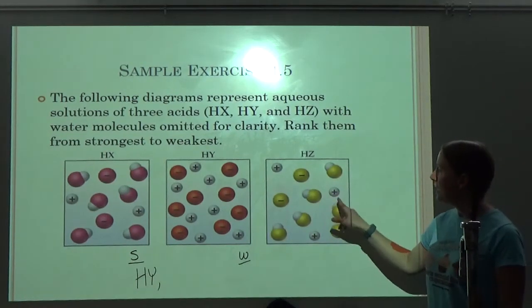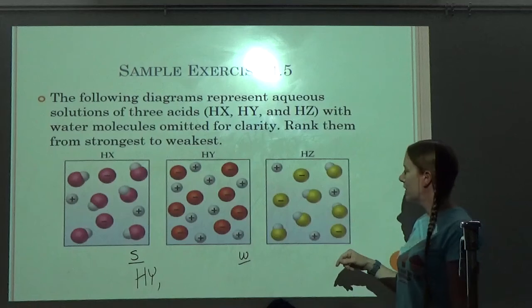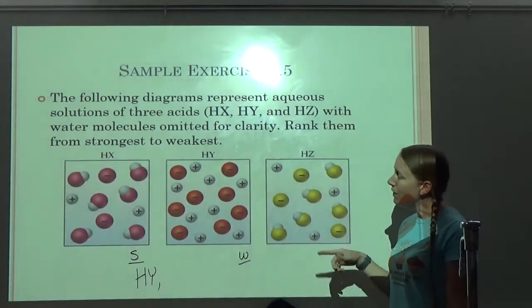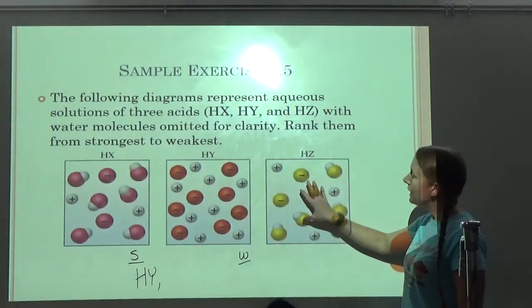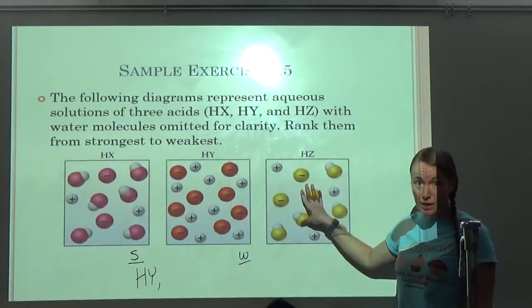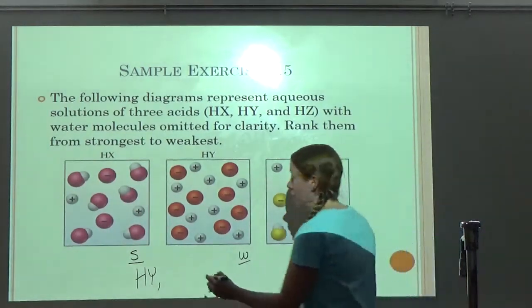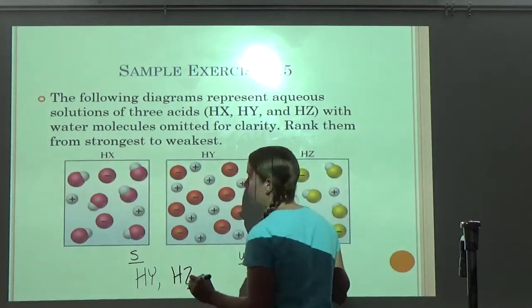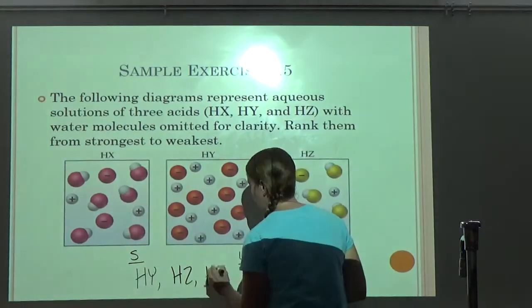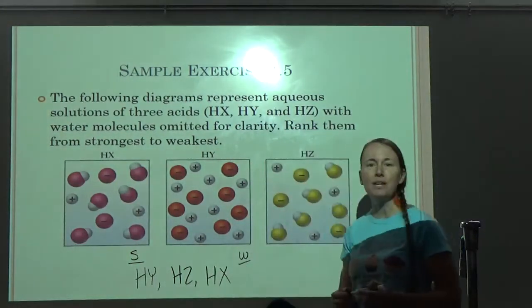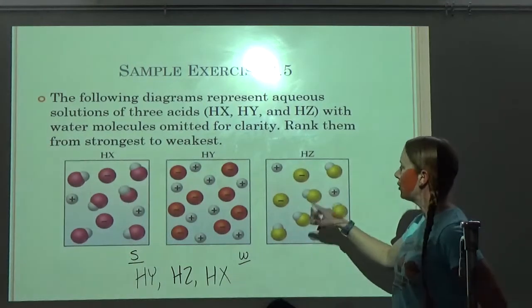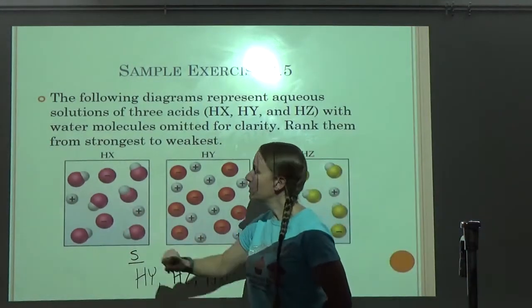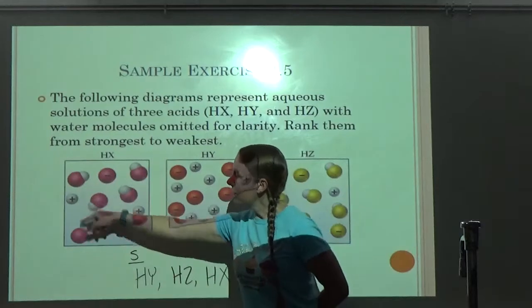Oh, and I actually had 3 that split. Sorry, I miscounted there. So out of these, who's stronger? Well, HZ had 3 split up, whereas HX only had 2. So HZ would be in the middle, and then HX, because it only had 2 that split, would be the weakest. Sorry about that. I totally miscounted there. So this one had 2 split up, and 1, 2, 3, 4, 5, 6 stay together.